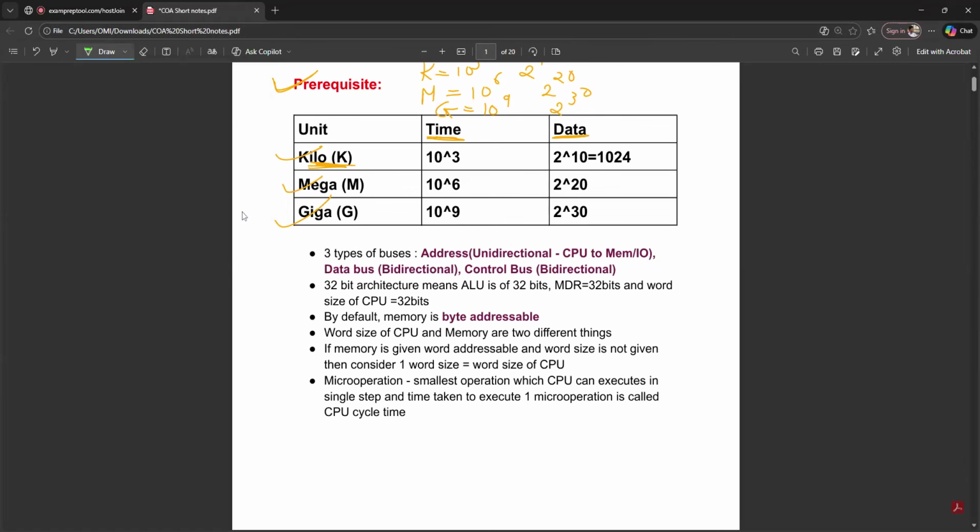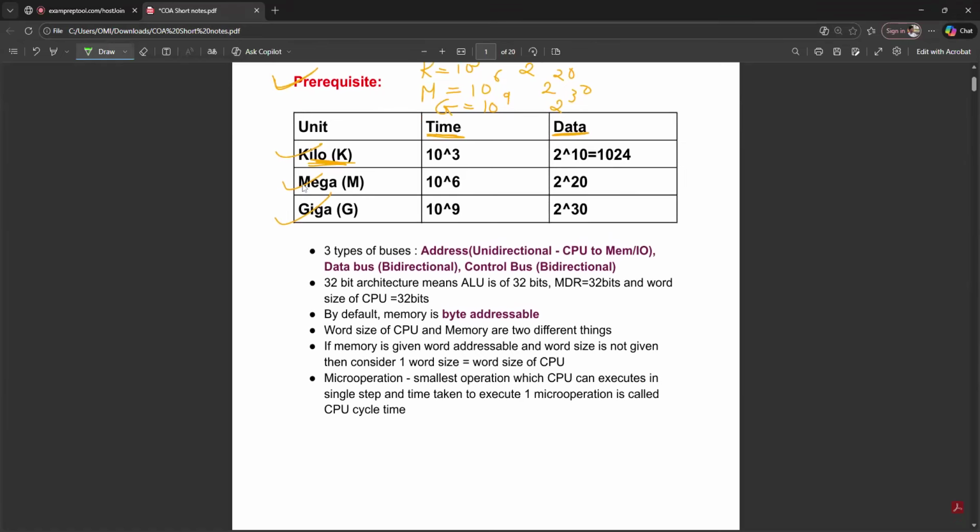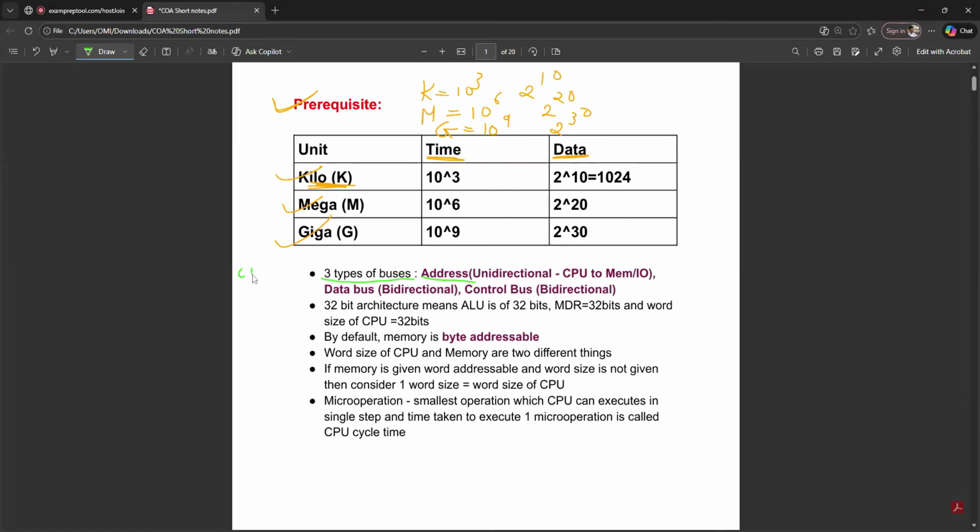In computer architecture, there are three types of bus. The address bus is unidirectional, from CPU to memory, or to some IO.